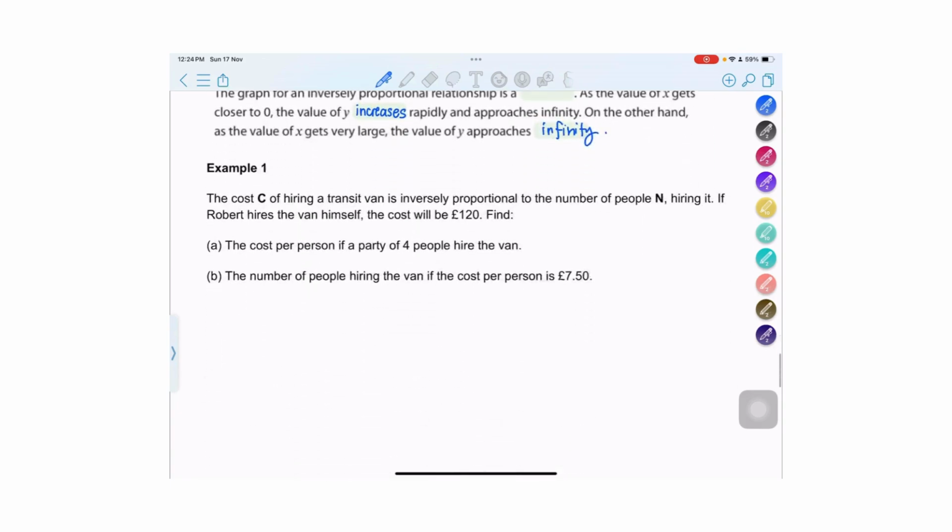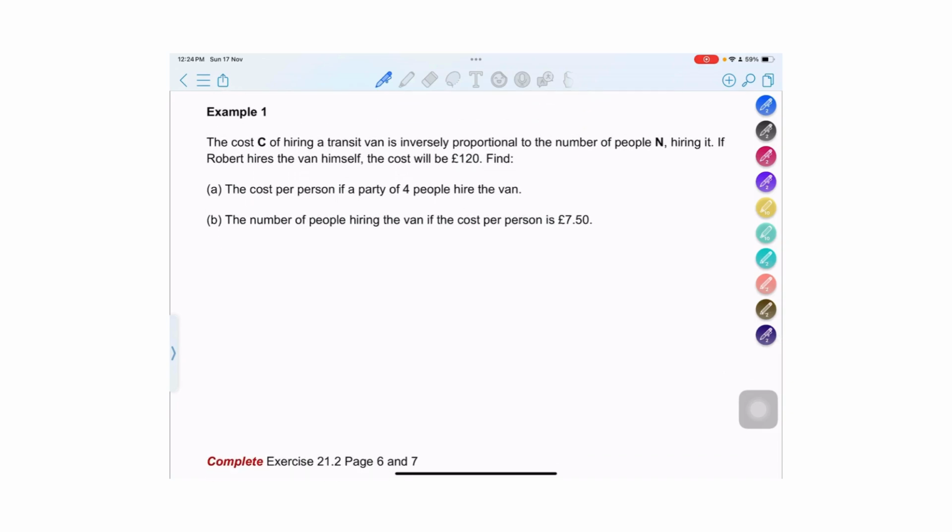Next, I want you to look at this example. In this example, they talk about the cost of hiring a transit van. C is inversely proportional to the number of people. Robert hires the van himself, which costs 120. They ask you to find the cost per person of a party of 4 people hiring the van.